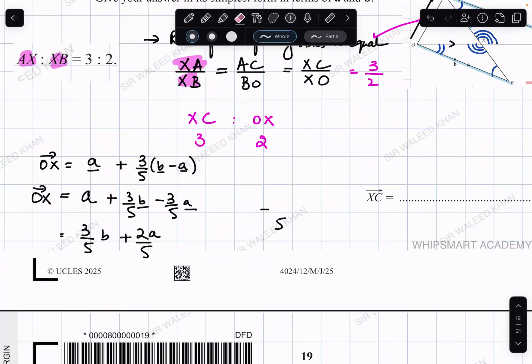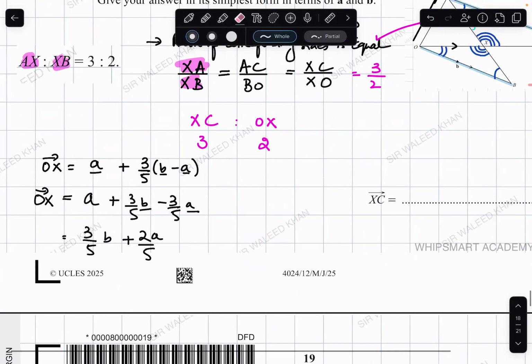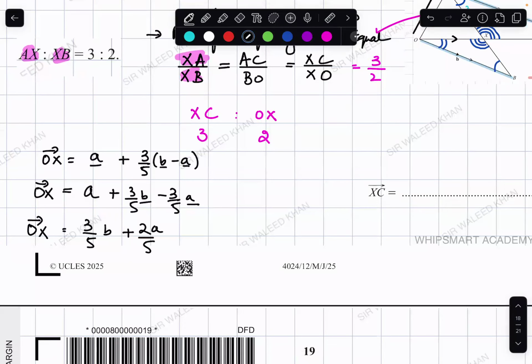Okay. So OX, we have the value of OX now. I can figure out XC. How? Because the ratio between them was, what was the ratio? The ratio was that XC and OX are in the ratio 3:2.